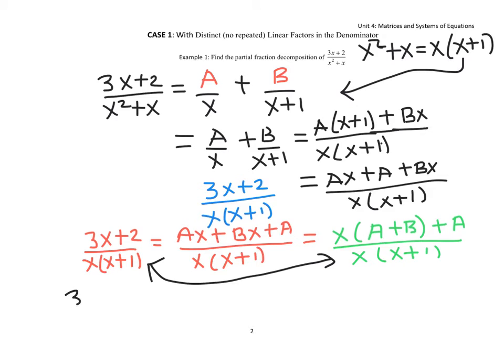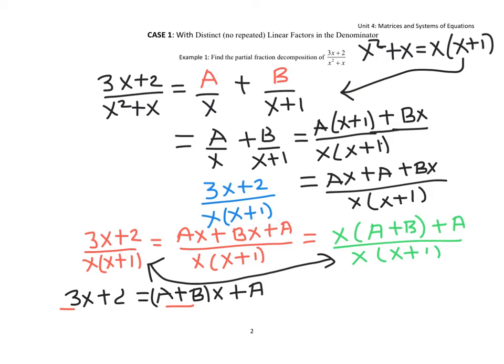So I'm going to say 3x plus 2 is equal to a plus b, and the x is there, plus a, and having this side by side, I can see that this 3 corresponds with a plus b.